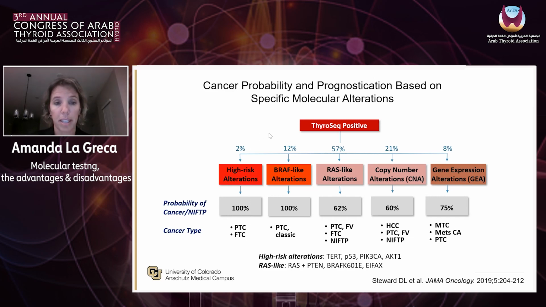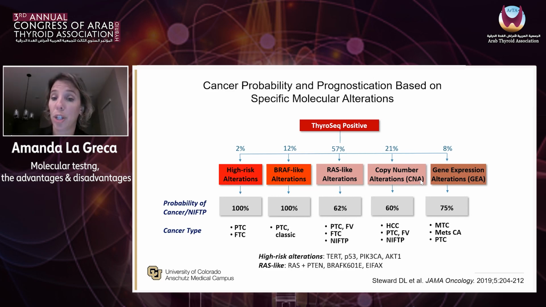This is the 2%. 12% have BRAF-like alterations, and again, this is considered malignant. It's usually classic papillary thyroid carcinoma. Now, 57% were RAS-like alterations, and out of those, 62% had a probability of cancer or NIFTP, and these are PTCs, follicular variants, follicular thyroid carcinoma, NIFTP.